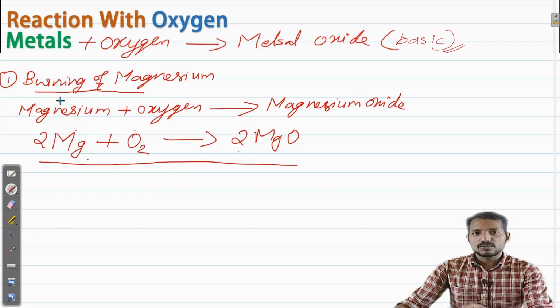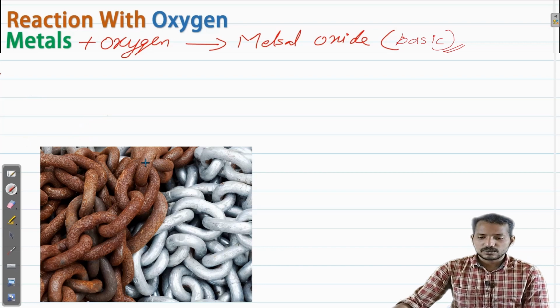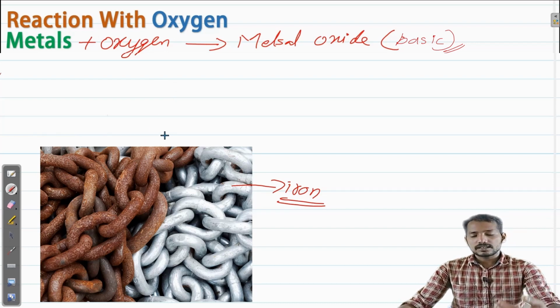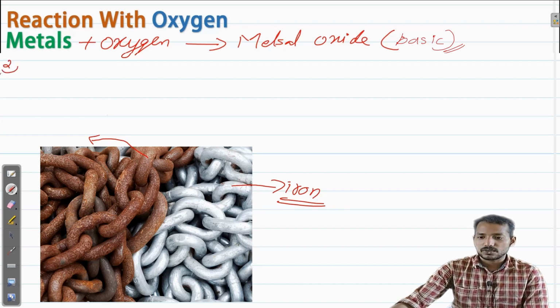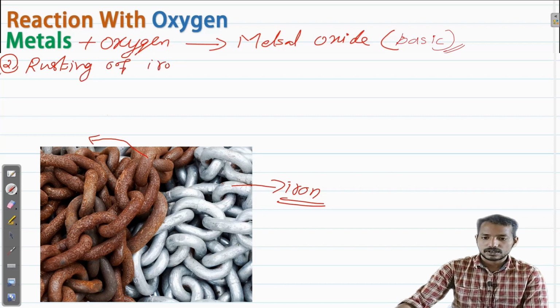Now let's see one more example of the reaction of metals with oxygen. Have you noticed this one? What is this? Iron. But if the iron is exposed to the atmosphere for a long time, then you can observe that the color of the iron turns like this. This is nothing but the rusting of iron.